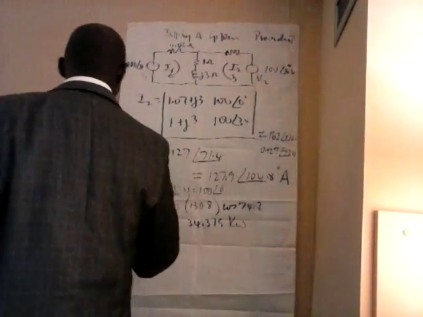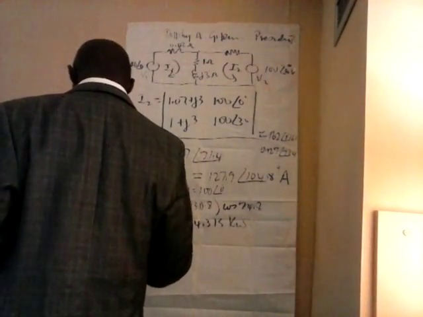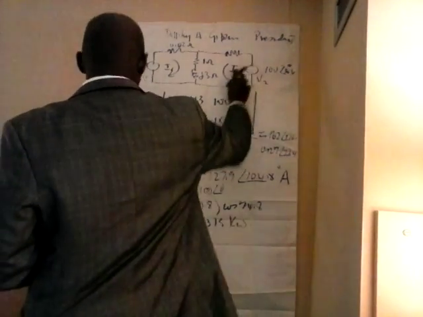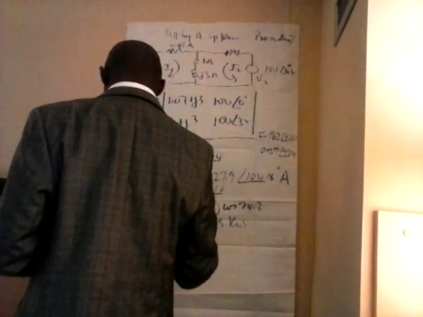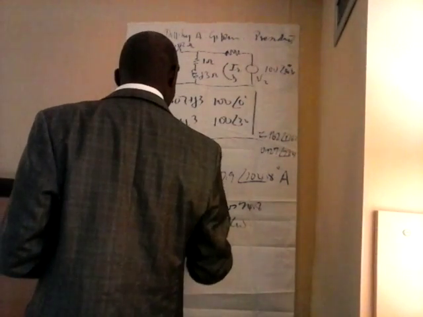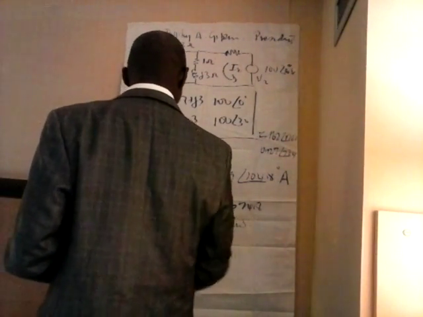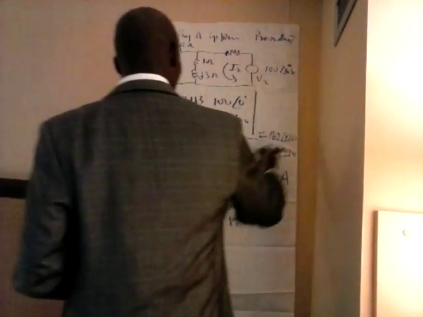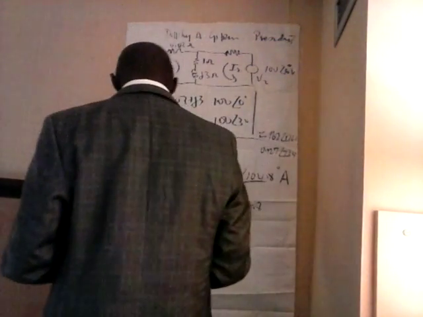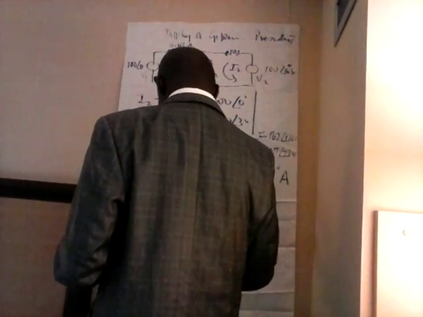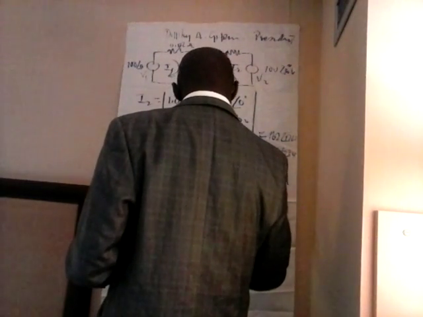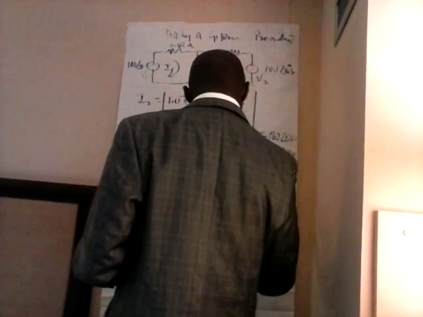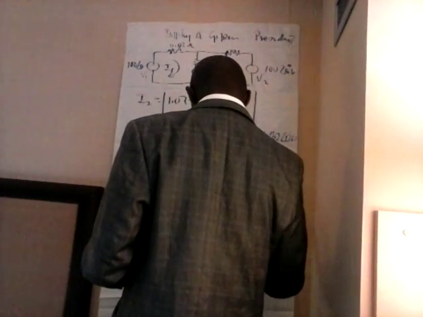Now P2, power 2, that is due to now I2, would be equal to 127.9. P is equal to VI, but you also have to bring in the angles. And so we get now cosine 104.8 minus 30 degrees.